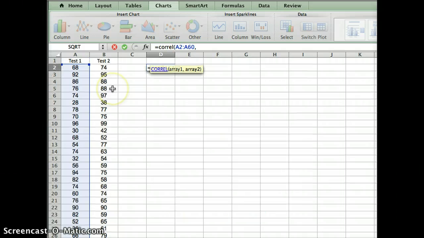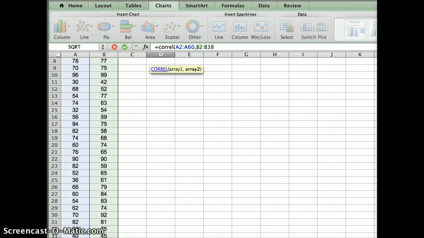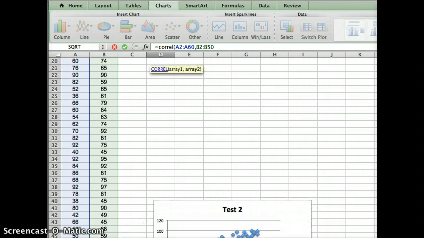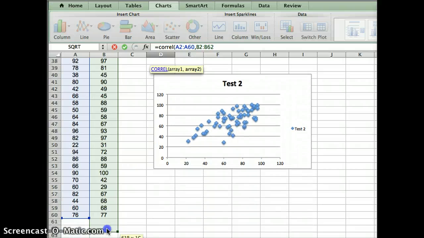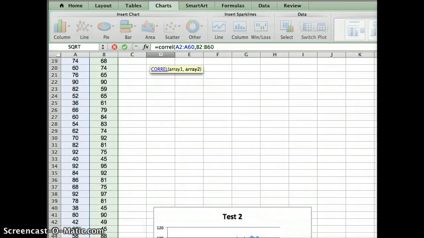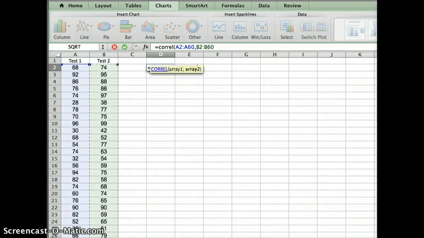I'm going to go back to the top and highlight the second column. The second column is highlighted. So you notice my command here is CORREL A2 to A60, comma B2 to B60. We put in a parenthesis here, and we see what we get.